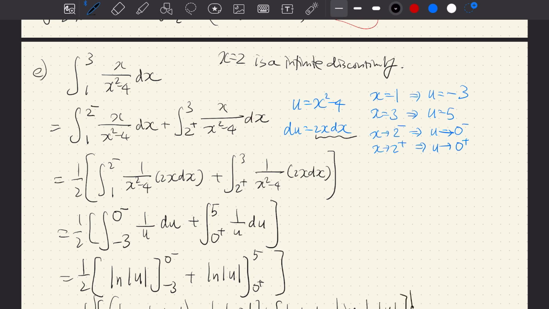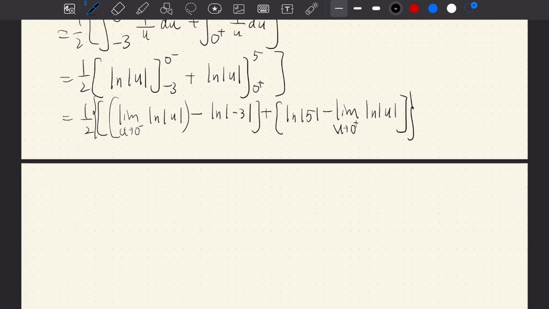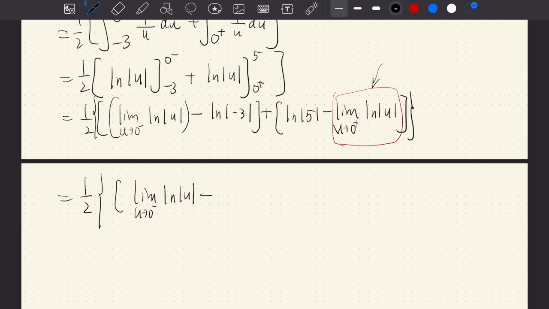So this is equal to the limit as u goes to 0 from the positive side of log u. This is the first term, and for the second term I will use this term, okay?